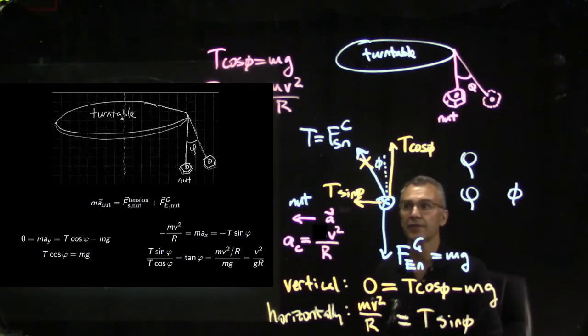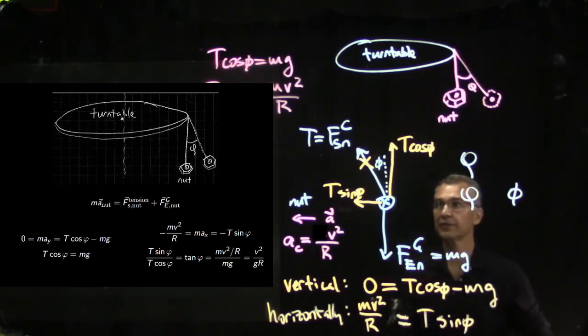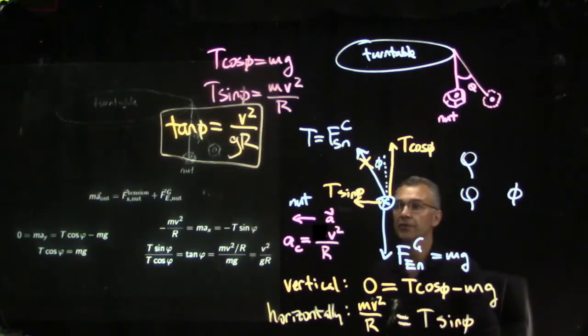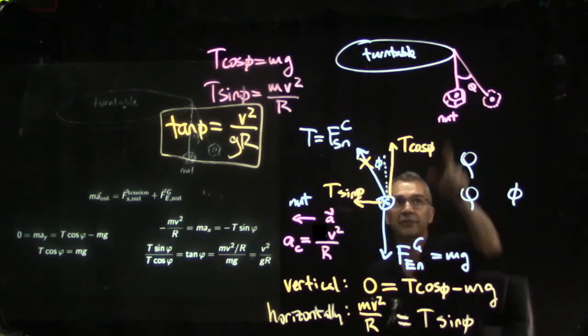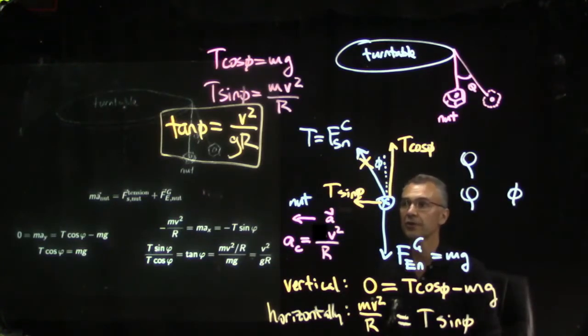Then the same free body diagram that I drew on the board here appears on the slide, and we can see the conclusion that I reached, which is that the tangent of this angle is v squared over gr. So we can write F equals ma both vertically, where the acceleration is 0, and horizontally, where the acceleration is v squared over r.